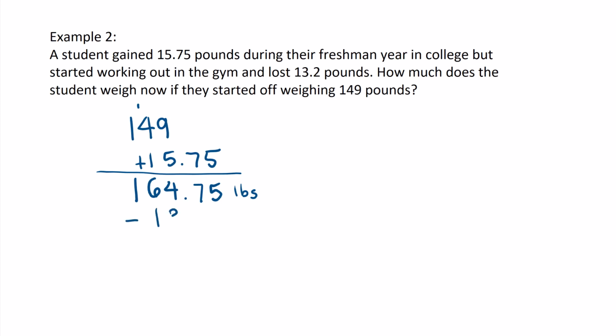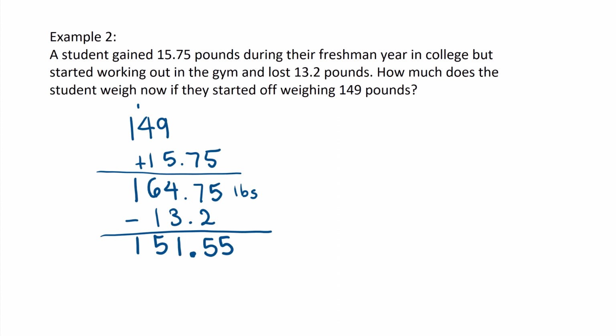So now we subtract 13.2. This gives me 0.55. To the right of the decimal, 4 minus 3 is 1, 6 minus 1 is 5, so 151.55. Now, because our least accurate value was 149 pounds, we can't assume that we can be accurate to hundredths of a pound, because maybe some scales are showing accuracy to hundredths of a pound, and some are just giving whole number weights.